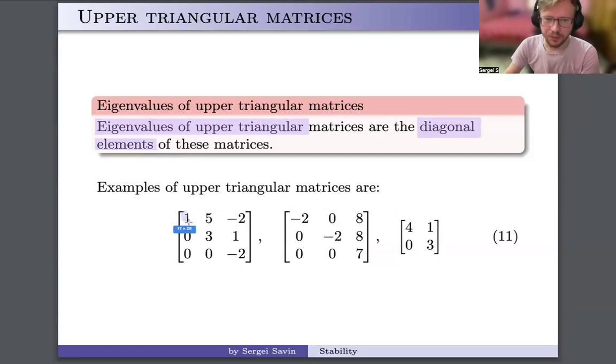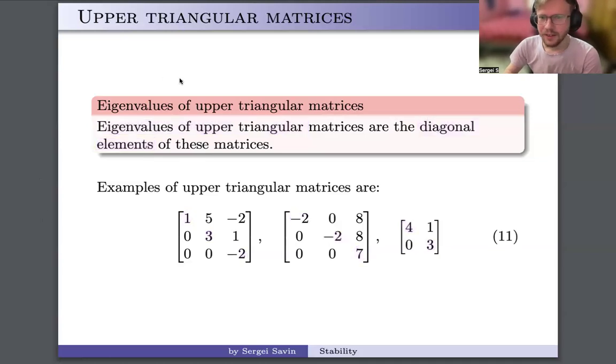So the eigenvalues of this matrix are 1, 3, and -2. The eigenvalues of this matrix are -2, -2, a repeated eigenvalue, and 7. The eigenvalues of this matrix are 4 and 3. So they're all real numbers, and they are right there on the diagonal.